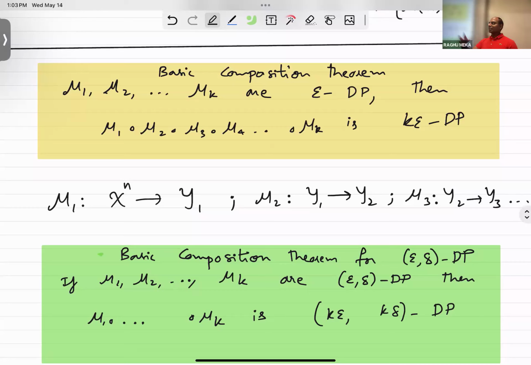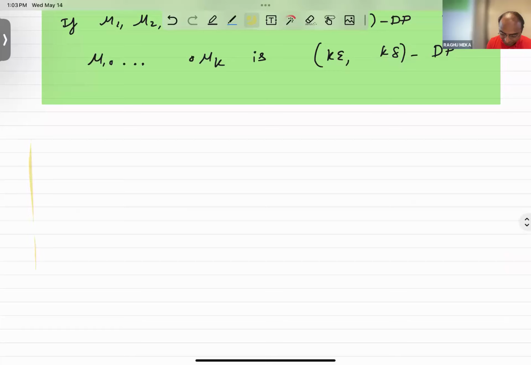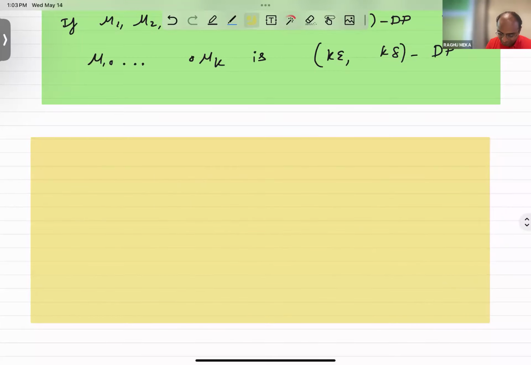So if you change your database 100 times, even if you're doing privacy for each step, after 100 times your privacy is degraded too much. Because k times epsilon is 1, and 1 differential privacy is not very meaningful. But for the case of approximate differential privacy, there is quite a non-trivial theorem called the advanced composition theorem. We're not going to prove it, but I'm going to state it, and then we'll talk about its implications and applications.